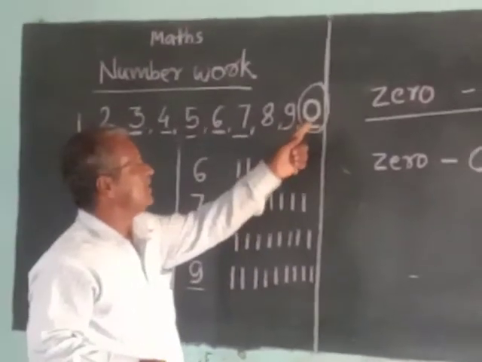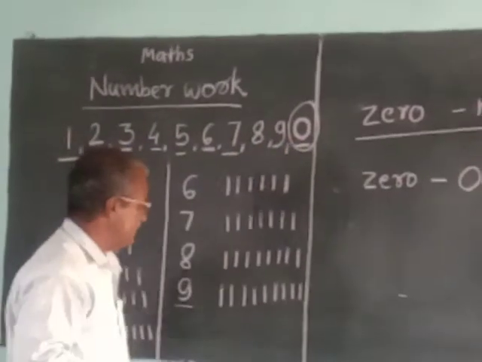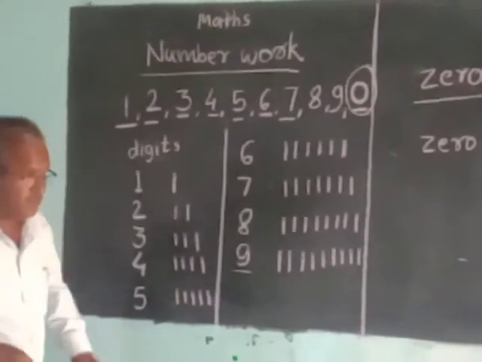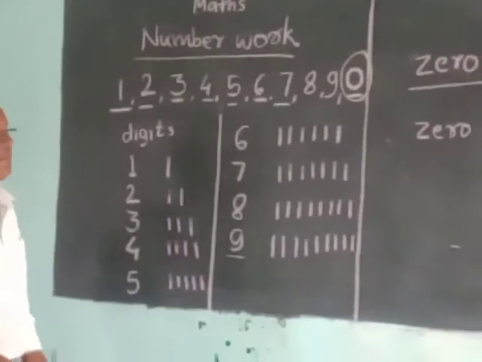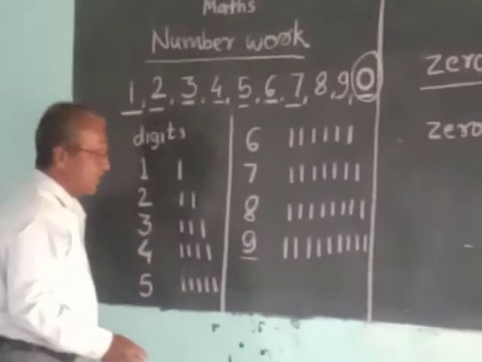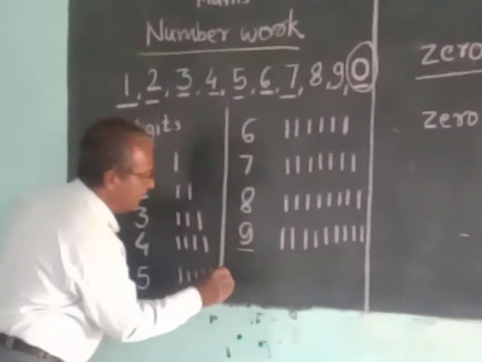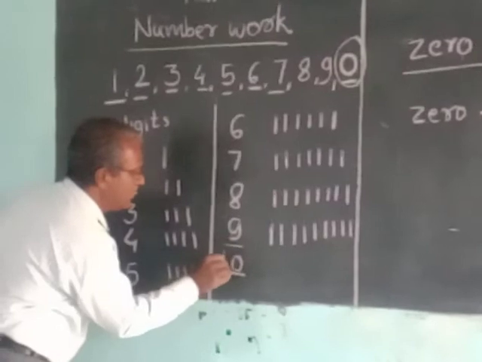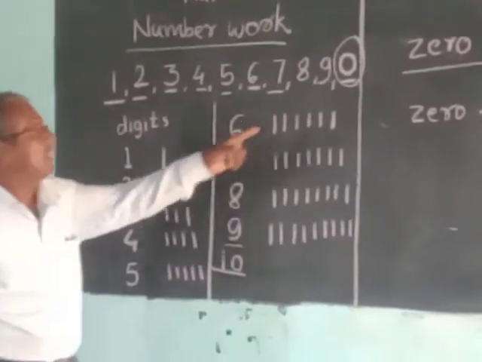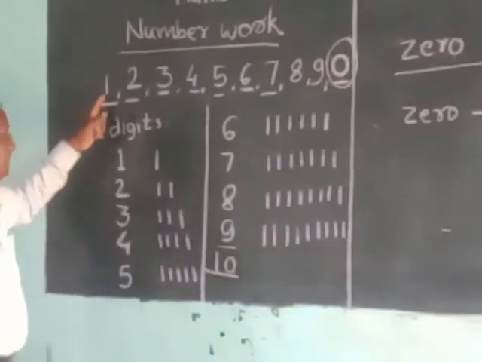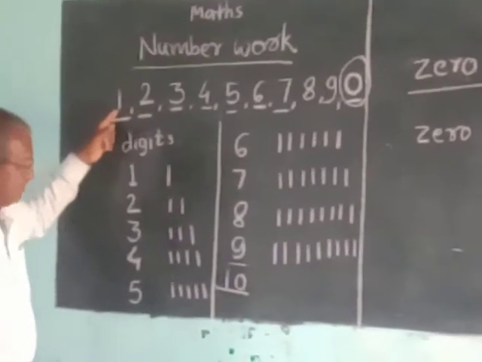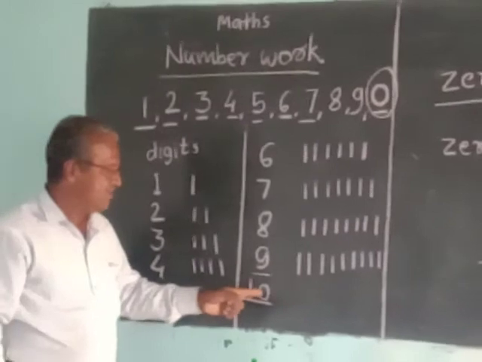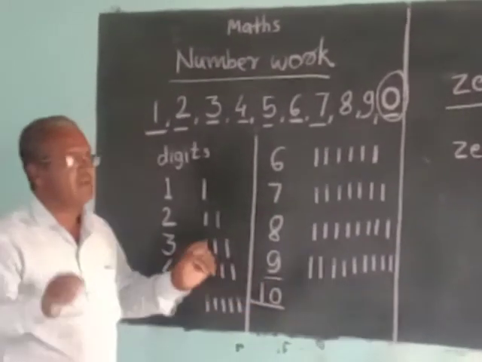But using the last sign, with the help of these symbols, we make more numbers. Here I write something with the help of 0. I took the last 0 and the first symbol 1, and adding 0, it makes a number.